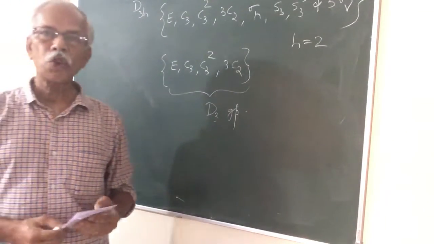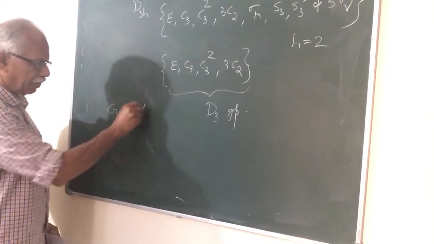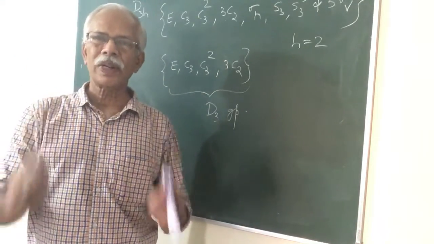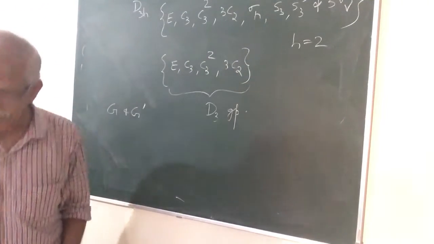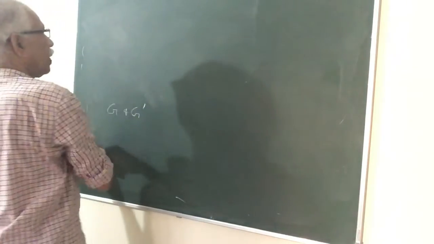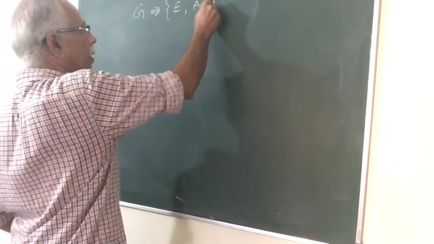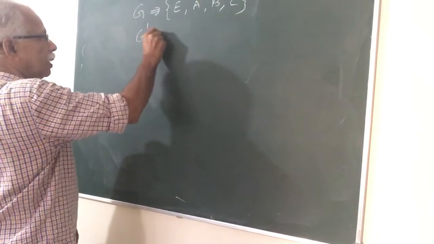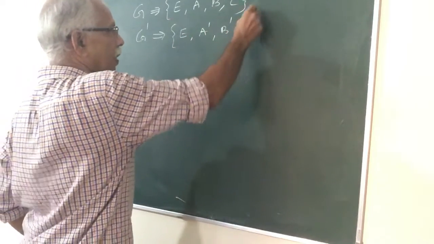Lastly, isomorphous groups. Two groups G and G dash are said to be isomorphous if there is a one-to-one correspondence between the operations of G and G dash. Let the group G be an abstract group containing the operations identity, A, B and C, and G dash be containing the operations identity, A dash, B dash and C dash.